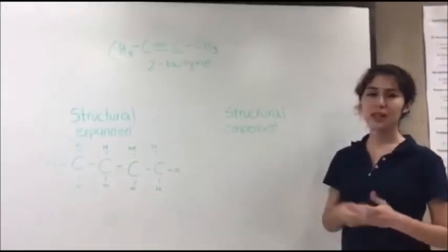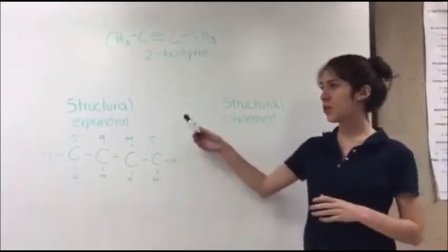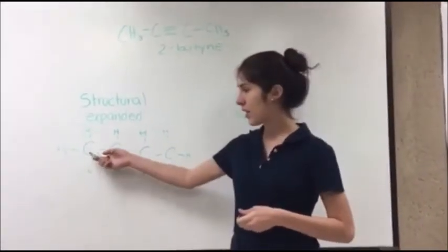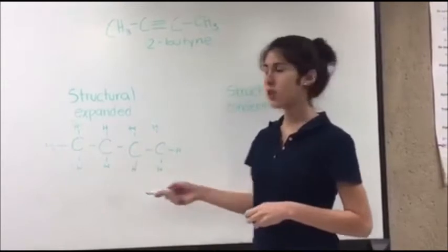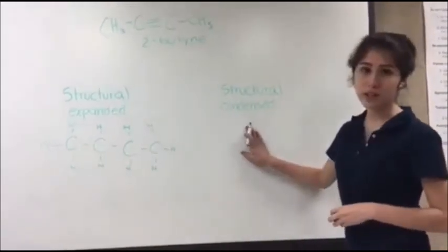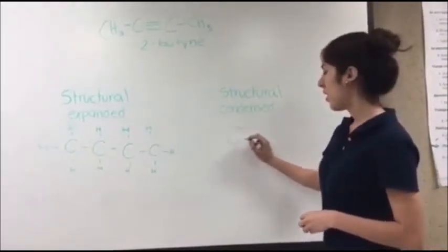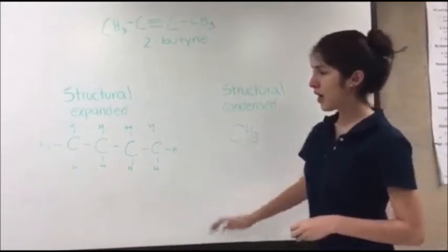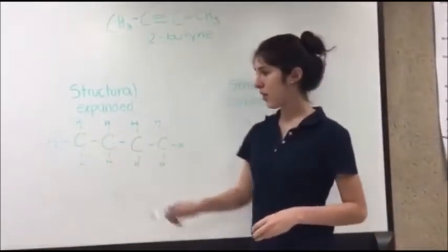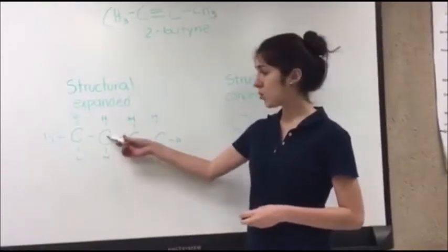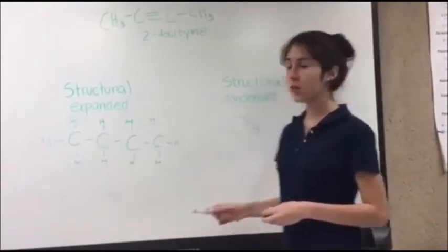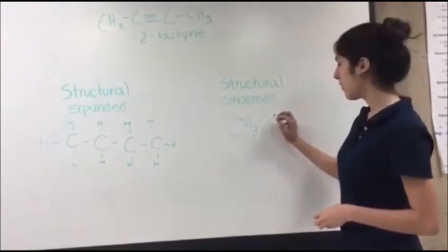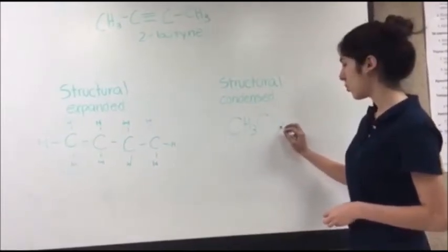Okay, for the structural condensed formula, we will need the structural expanded formula. The first one will look like the carbon and its 3 hydrogens. So in the structural condensed formula, it will look like C H 3. These 3 are these ones. In the second one, it has 1 carbon and 2 hydrogens. So it will be expressed in the condensed formula like C H 2.